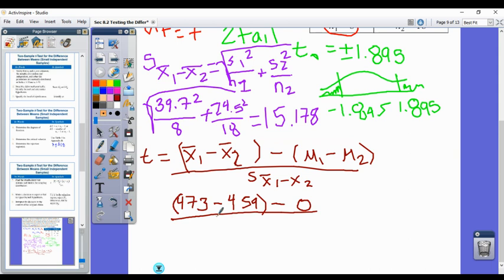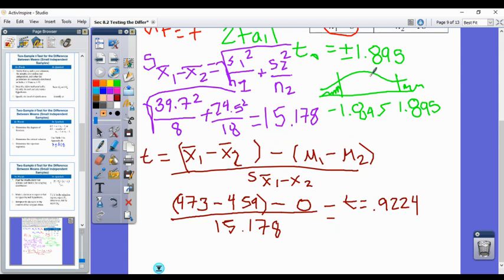And then we just calculated this, it was 15.178. If I plug all that in, I'm going to end up with a t-value for my test statistic of 0.9224.